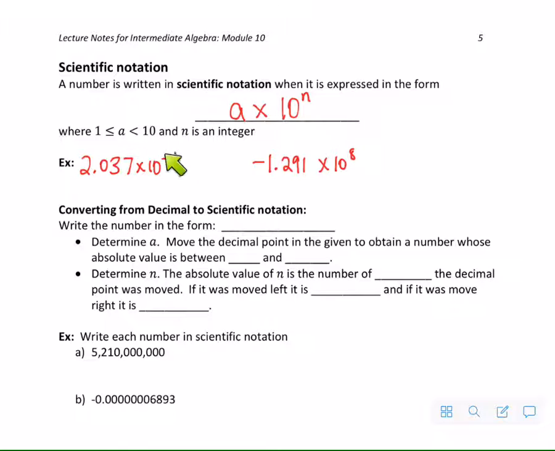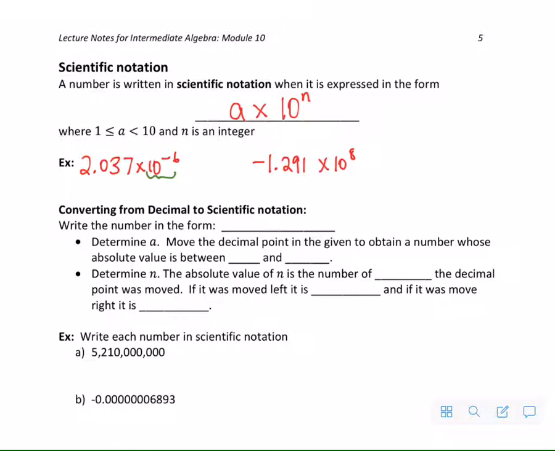Now 10 to the minus 6, just based on what we just learned about negative exponents, what's 10 to the minus 6? Ignore the 2.037 for a second. 1 over 10 to the 6th, right? So this number right here is like 1 over a million, right? 10 to the 6th is 1 with 6 zeros.